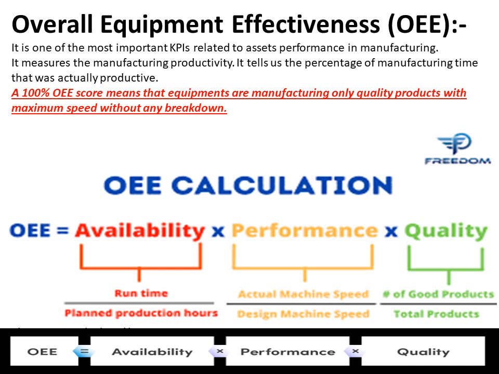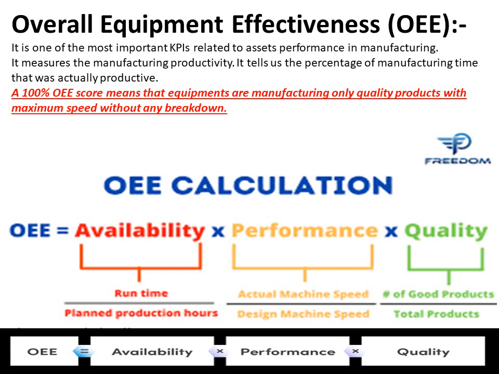Another very important KPI is overall equipment effectiveness, or OEE. It is one of the most important KPIs related to asset performance in manufacturing. It measures manufacturing productivity.